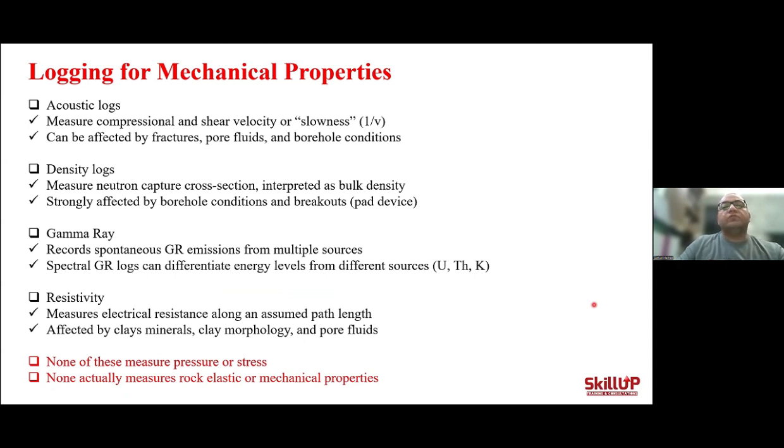You have to measure the pore pressure. Pore pressure and the stress, minimum horizontal stress, are actually the most important parameters in reservoir characterization if you need an accurate fracture design. So we talked a lot about the DFIT.